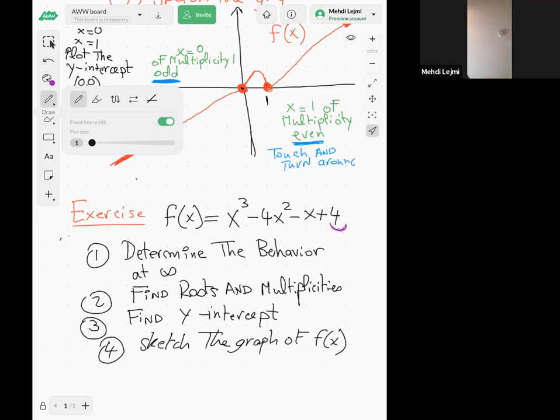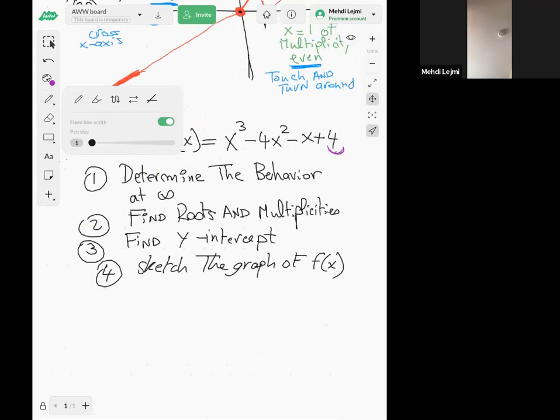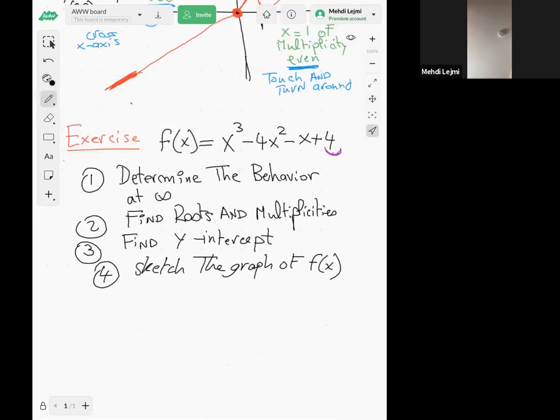All right, guys. So for number 1, how do we determine the behavior at infinity? So my f of x, of course, is x cubed minus 4x squared minus x plus 4, right? So this is the same as the previous example.